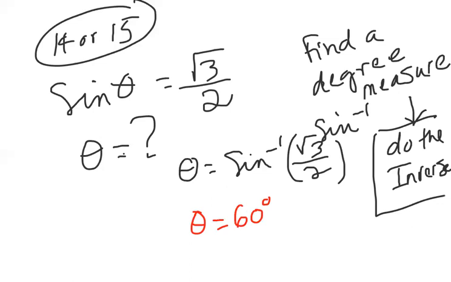Listen, everybody. Later on, as we move on through this, there are other ways to find this, especially when we go to the unit circle. By the time you get through the first quarter, you will be able to identify this just by looking at it. If you have sine of theta equals radical 3 over 2, and the question is, what is the degree measure of that?